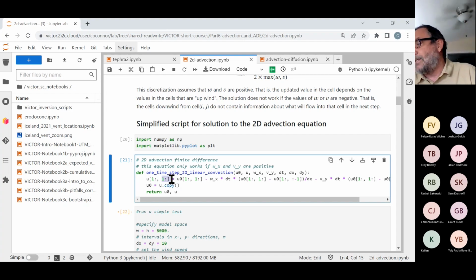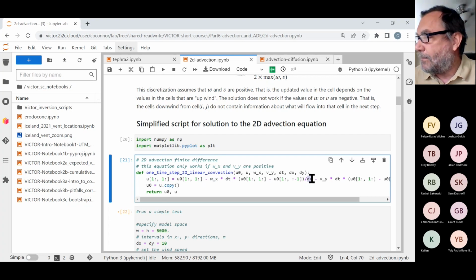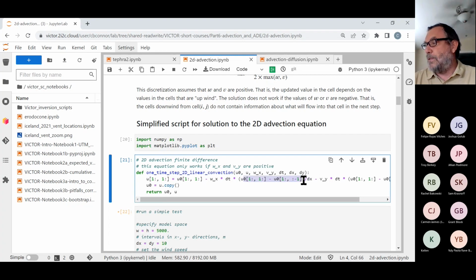Okay, and so I say that's equal to the temperature right now at tk, not tk plus 1. And then I implement the solution. And so here this is W times dt divided by dx, no problem. I could have written that differently, but those are those constants. And then I just have to keep track of where I am in the array.